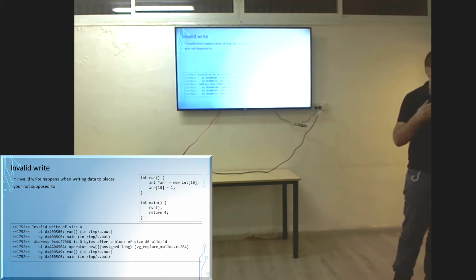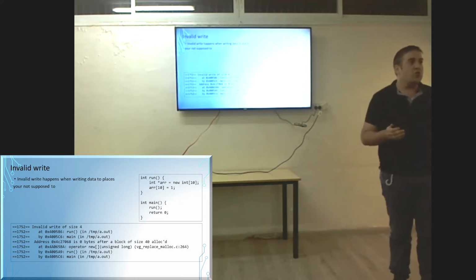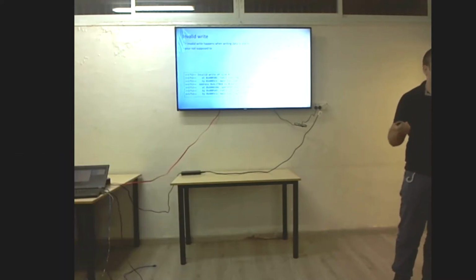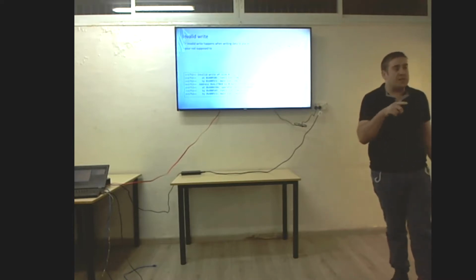If you do very cool pointer games that work, Valgrind won't tell you about it because it knows all the blocks that were used. It doesn't look at the pointer; it looks at the address. So if you have two arrays and you go with one variable to the array of the second one, it will not warn you about it, because it checks the memory itself, not the pointer.